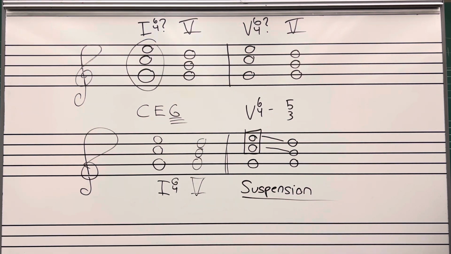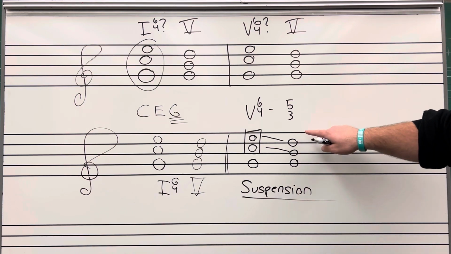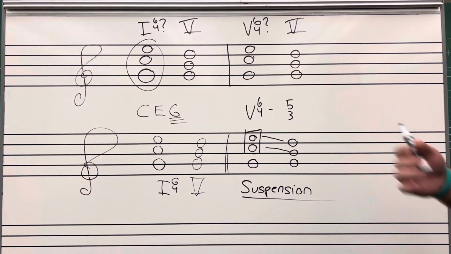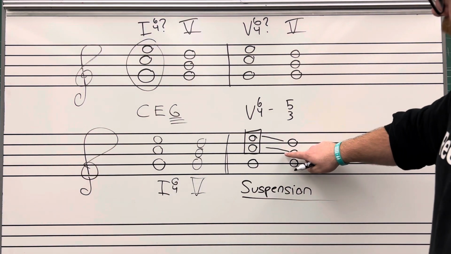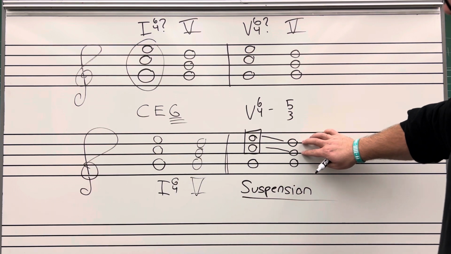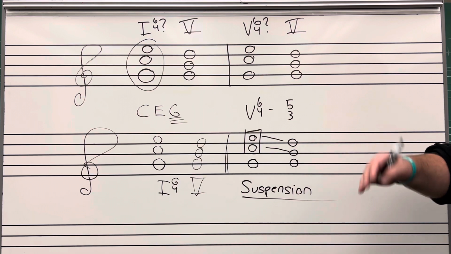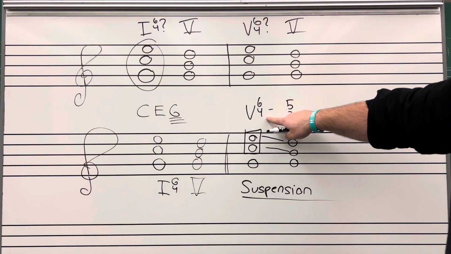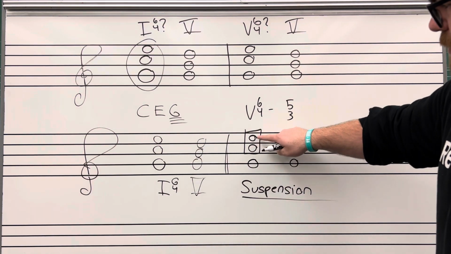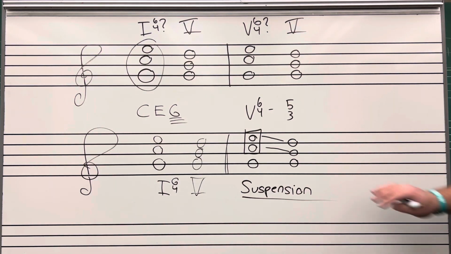All a suspension is, instead of just immediately playing a G major chord or a 5 chord on the downbeat, usually the first beat of a measure, you're going to be playing the note or two notes above, the third and the fifth, suspending the resolution or the sounding of a 5 chord. So the reason why we call this a 5/64 is because we're viewing these two notes as a suspension that will eventually resolve to a 5 chord.